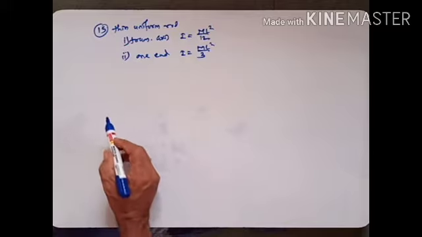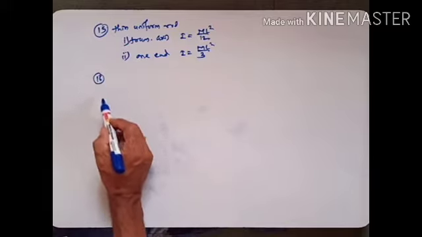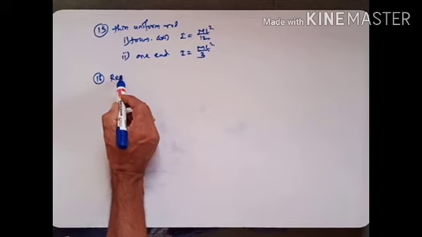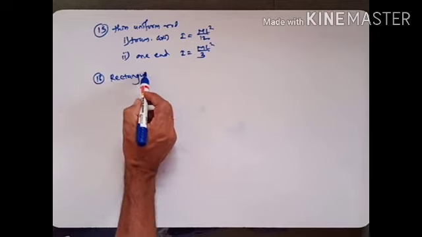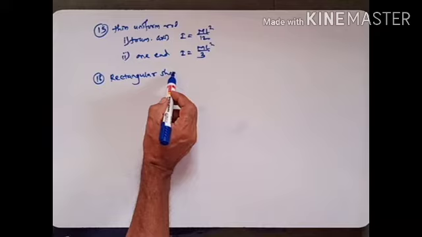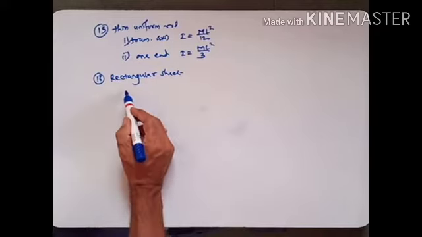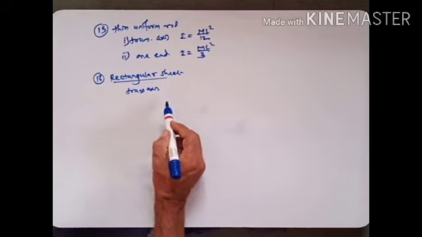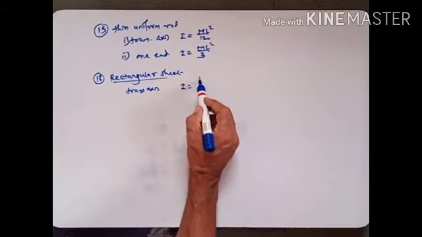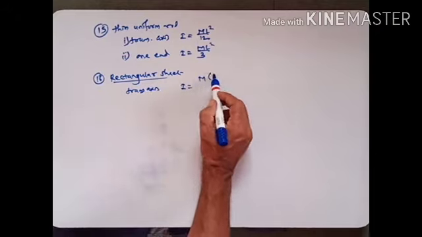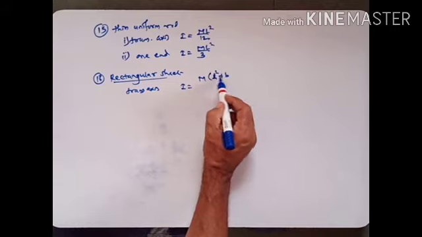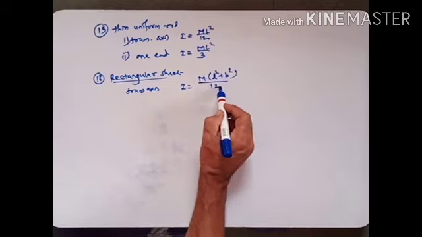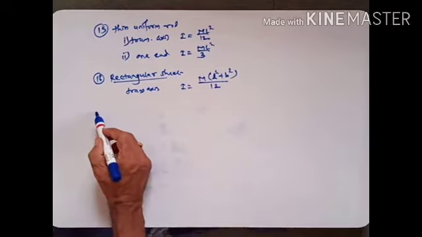Now 16 point, rectangular sheet, transverse axis. I is equal to m into l square plus b square upon 12.